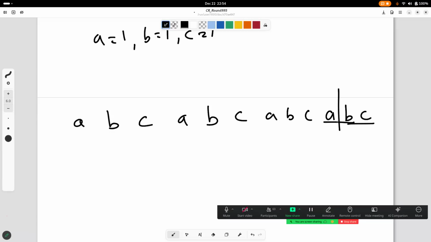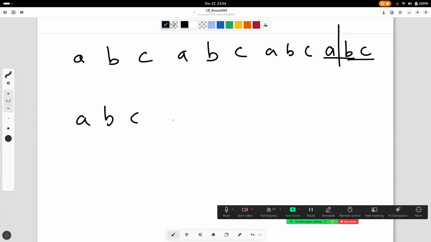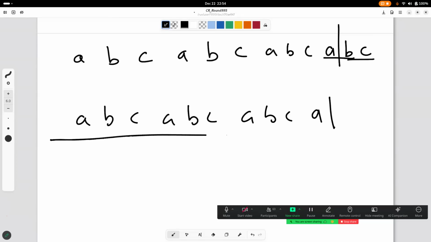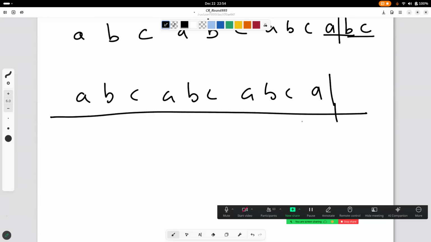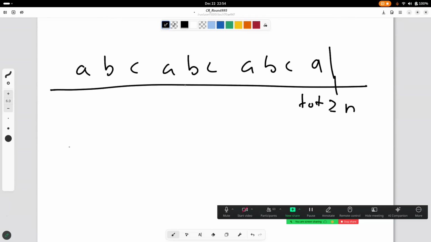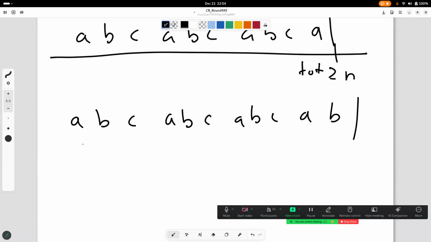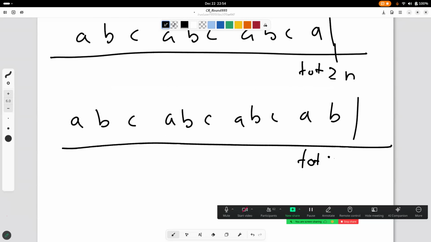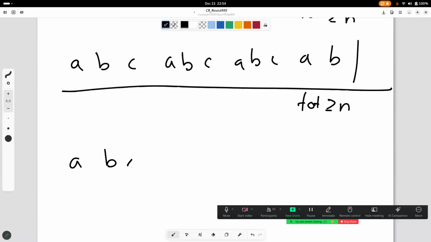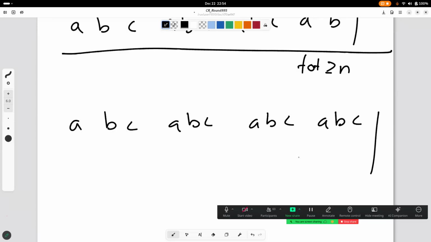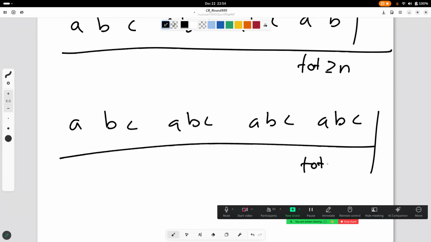Either your journey ends somewhere along the line, on the final day you walk A and you've reached the total greater than or equal to n, or you walk A, B and then your journey ends, or you walk a final ABC and then your total becomes greater than or equal to n.